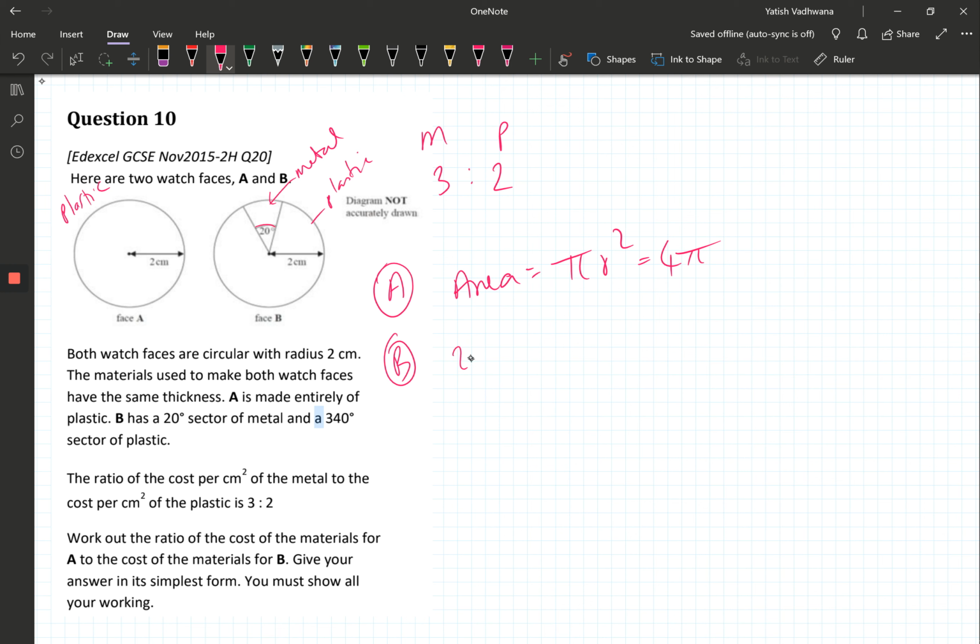So we're going to have the 20-degree sector area and the 340-degree sector area. So that means we have 20 over 360 times pi times 2 squared, which is 4, and 340 over 360 times pi times 4.